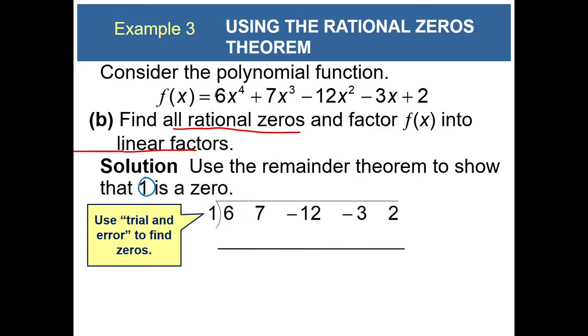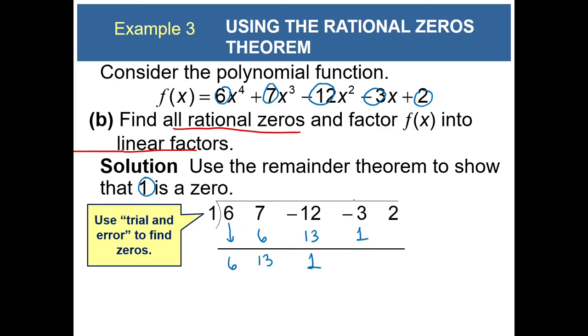We have coefficients 6, 7, -12, -3, and 2 in our dividend, and we'll now use synthetic division. Bring down the 6. 1 times 6 gives us 6. 7 plus 6 is 13. 1 times 13 is 13. -12 plus 13 is 1. 1 times 1 is 1.